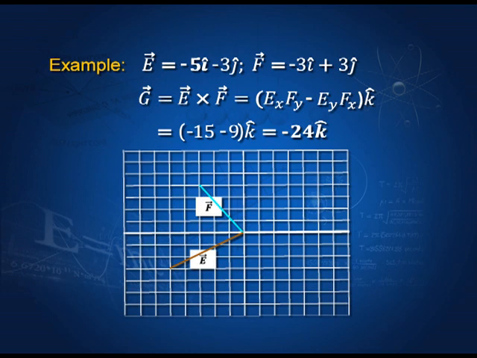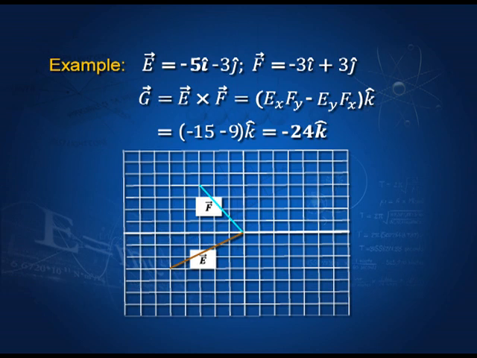Now, if we use the rules of multiplication of unit vectors as we have done earlier, then you would get vector G equal to vector E cross vector F, Ex Fy minus Ey Fx times k cap, and if we use the magnitudes Ex, Ey, Fx, Fy, you should be able to get that vector G is equal to minus 24 times k cap.